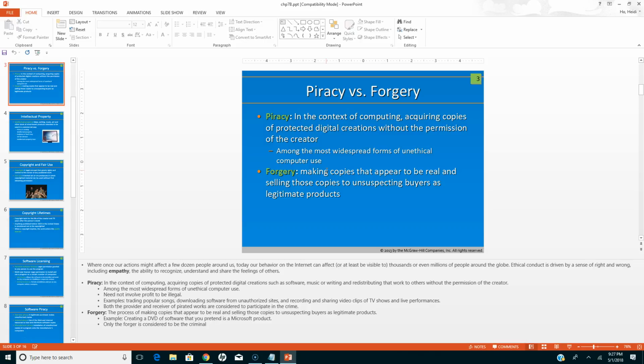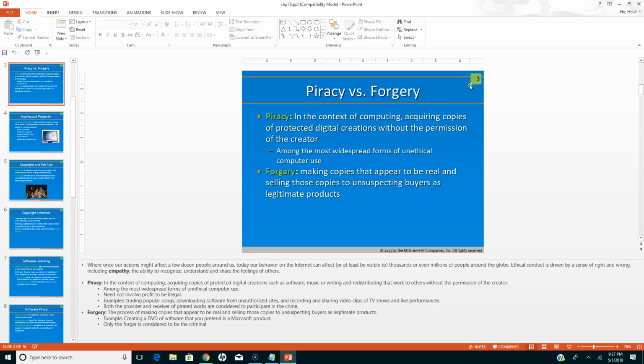How about forgery? Forgery is making copies that appear to be real and selling those copies to buyers as a legitimate product. As I mentioned, in some other places many shops sell illegal or forged copies, like illegal DVD movies or illegal software.